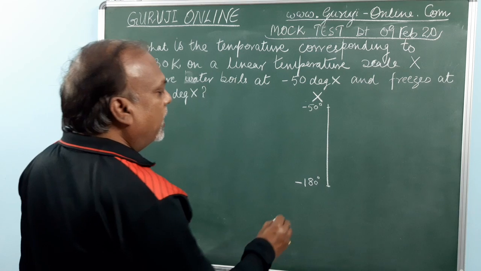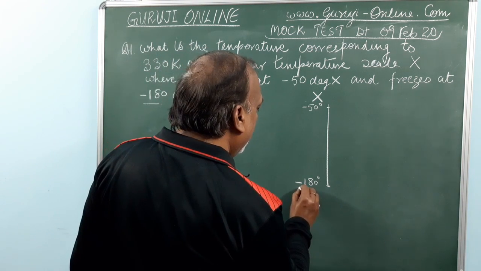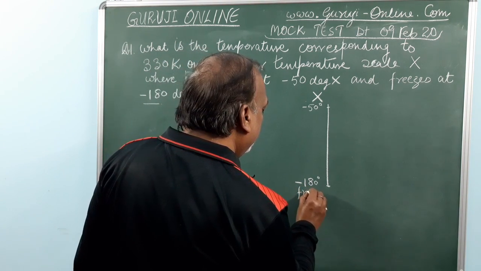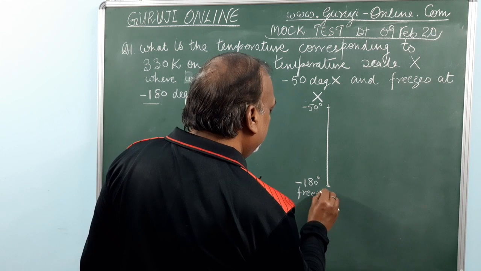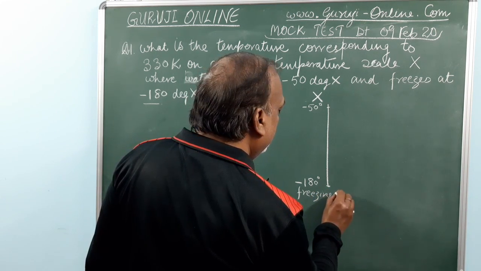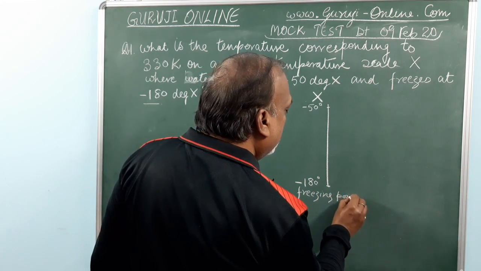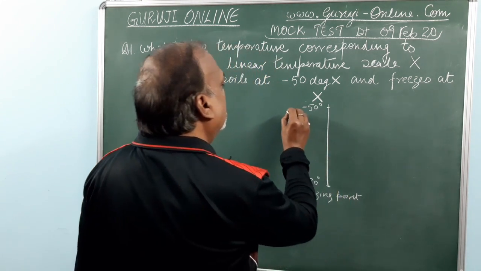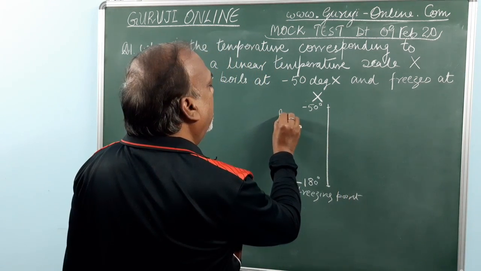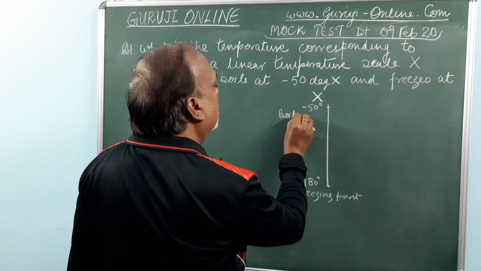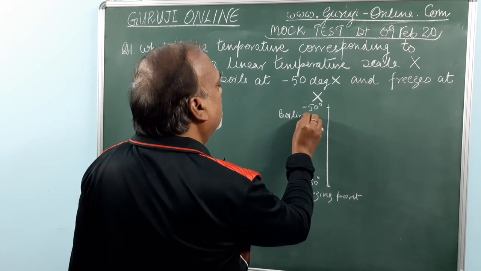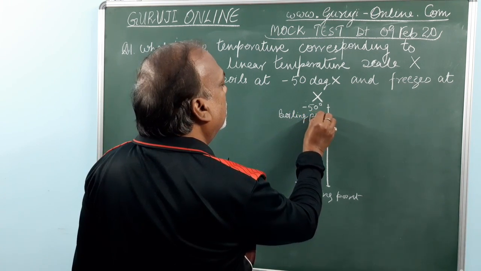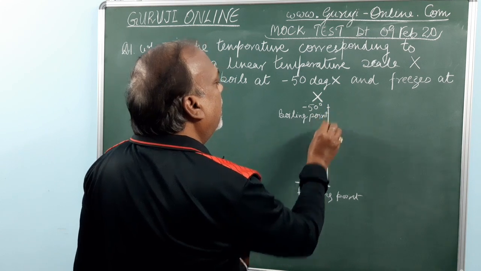Correct? So this is the freezing point, and this is the boiling point of scale X.